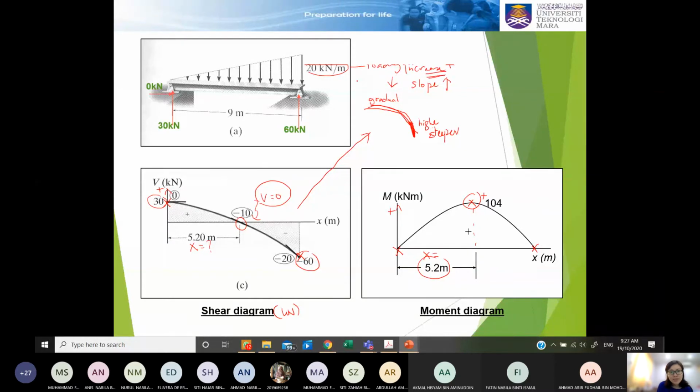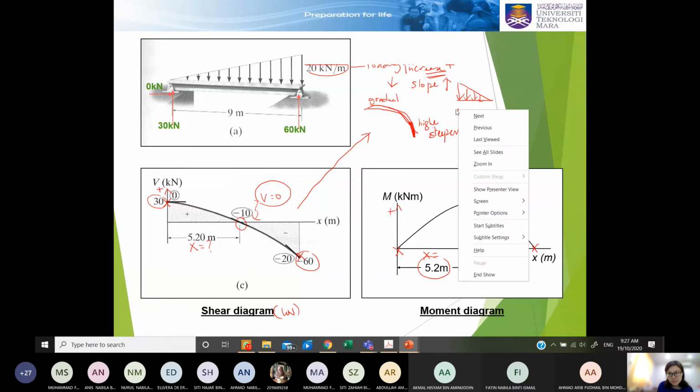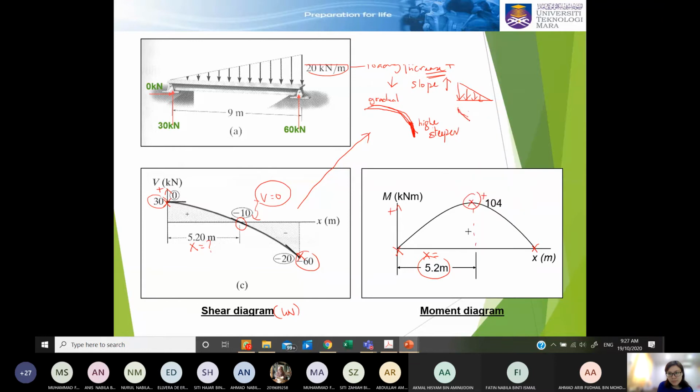But if your loading is decreased in such a way, you need to plot such that your shear force will be in such a way. The curve will be steep first and gradual here.